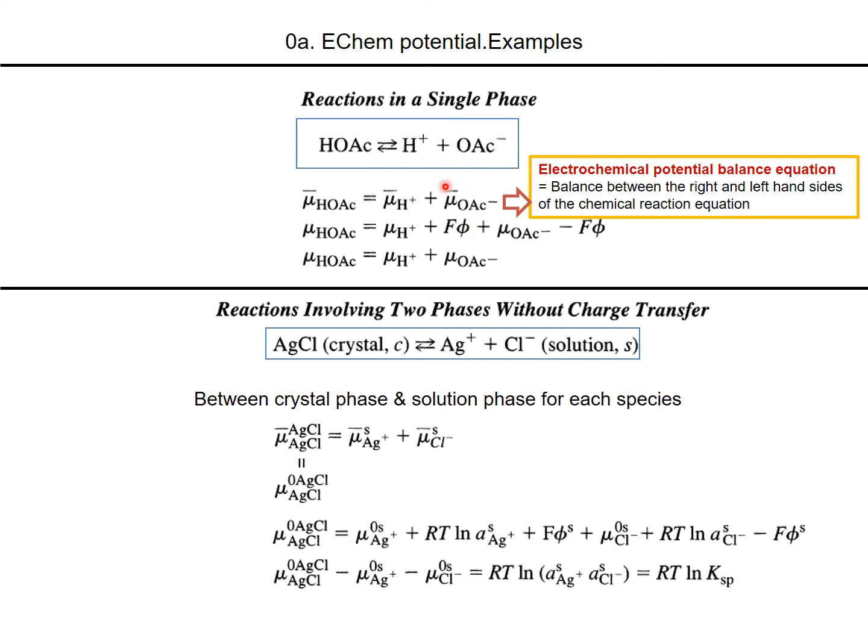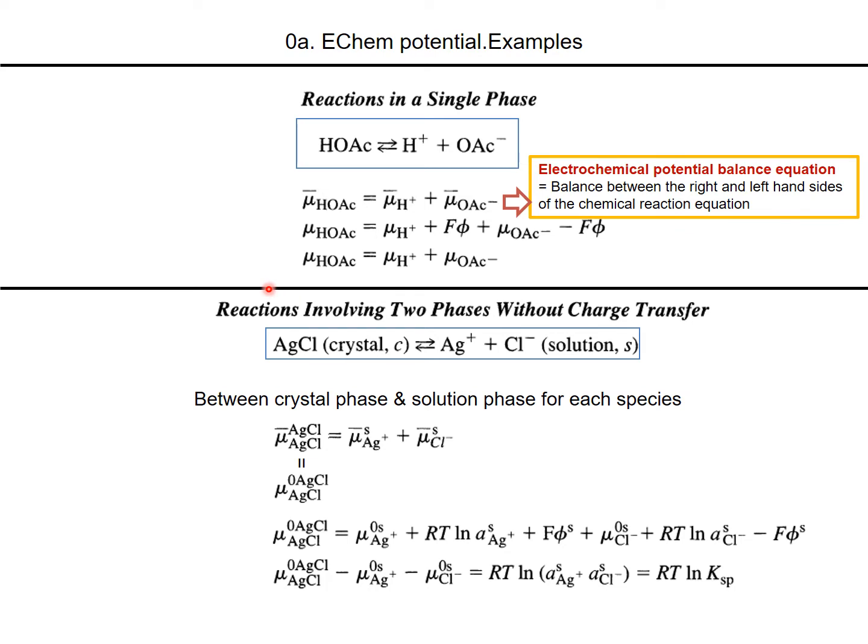The second term is split into two terms like that. The electric potential term for the second term has a minus sign because acetate has a minus charge. Then you could cancel this term and this term.